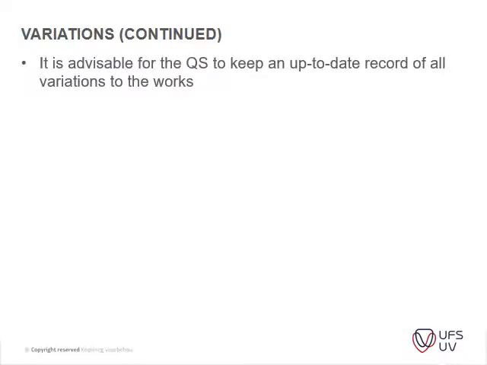It is advisable for the QS to keep an up-to-date record of all variation orders. Many disputes are caused by this. Usually an instruction is issued on site, and then it's not costed properly or timeously, and usually after the project the contractor comes back and says, I did this, and I'm entitled to this cost.